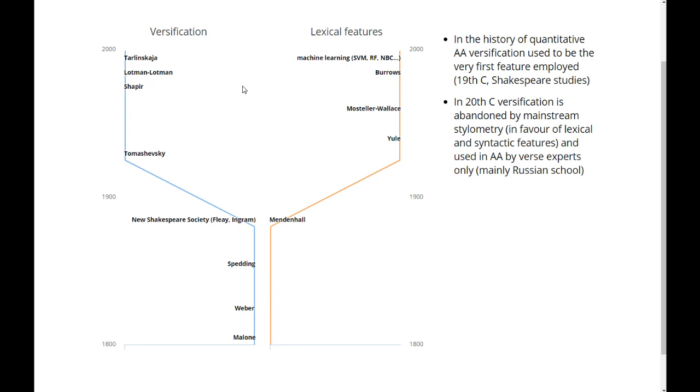Grieve, I think, says that it's probably because the methods of the New Shakespeare Society were so bad and so naive that no one was interested in that anymore. And stylometry becomes much more advanced in terms of statistics, classifiers and the mathematics behind it. In recent years, machine learning models are used.